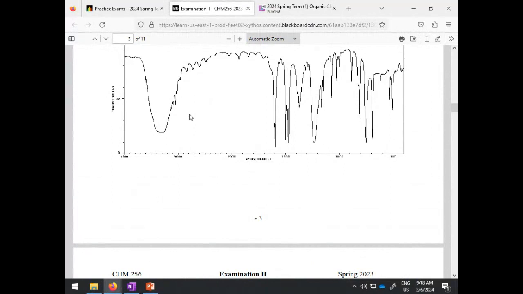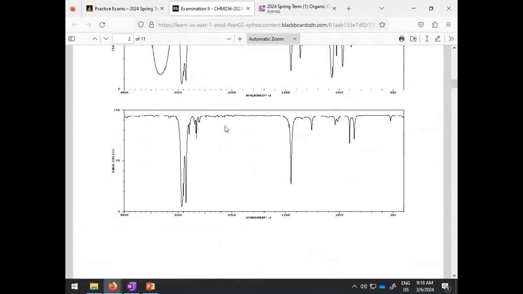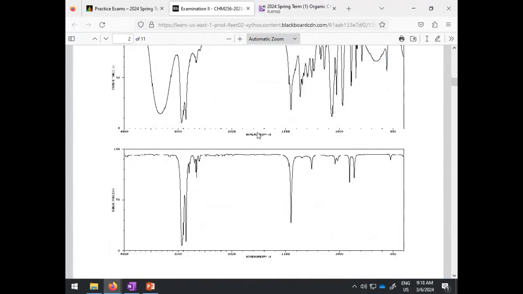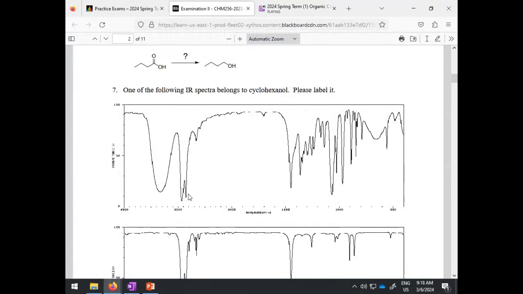But to tell which one is cyclohexanol: you need sp3 CH and no sp2 CH, and the CO bond should be around 1100 reciprocal centimeters. This is sp3 CH, a little below 3000. You don't have any sp2 CH here. And the CO bond is indeed somewhat below 1100, maybe 1080 or 1070 reciprocal centimeters. So this should be cyclohexanol.